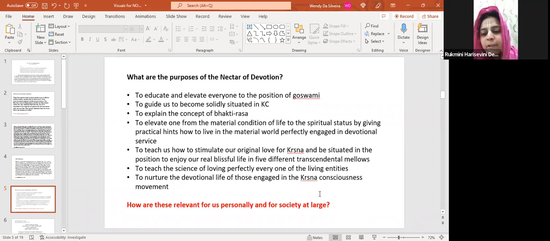Just by following the 4 regulative principles and chanting a minimum of 16 rounds daily, one can elevate oneself to the level of Goswami, and then we can preach also. So for my personal growth and to preach, this is very important for me.